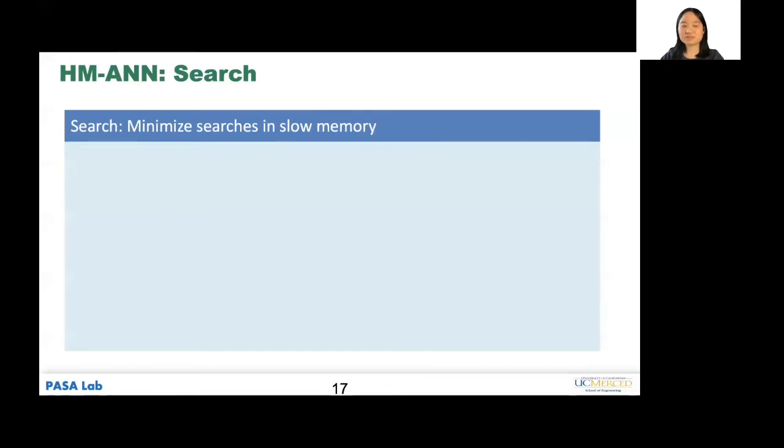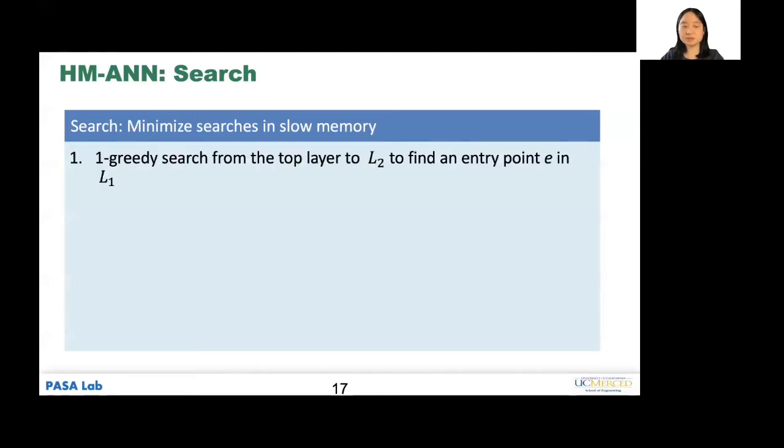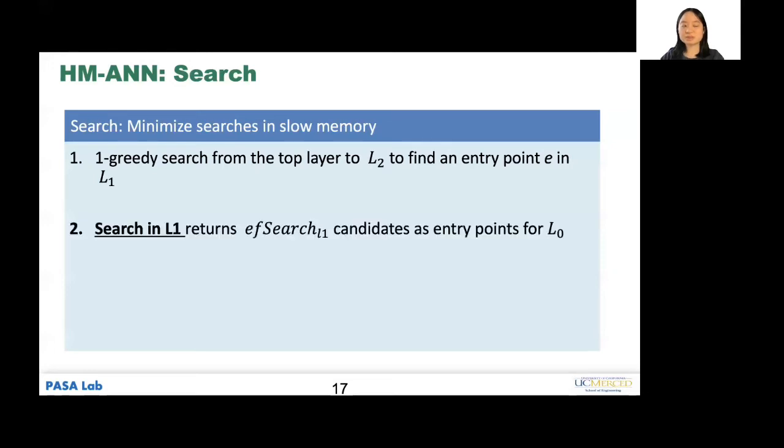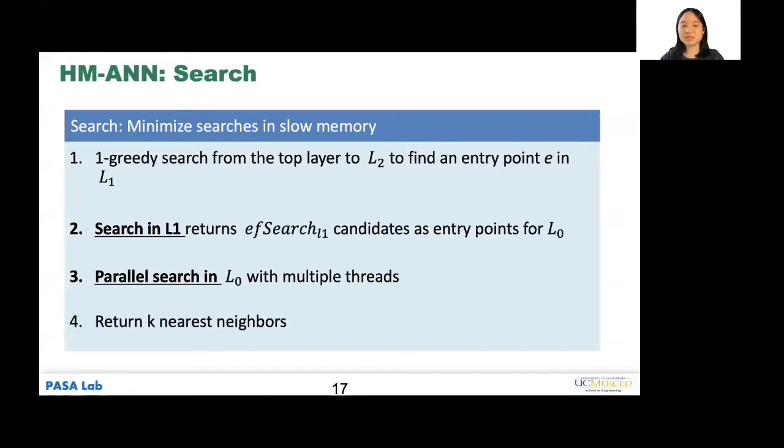The goal of the search algorithm in HMAN is to minimize the search in slow memory, which includes the search from the top layer to layer 2, the search in L1, and the search in the bottom layer. HMAN performs one greedy search from the top layer to L2 to find the entry point E in L1.